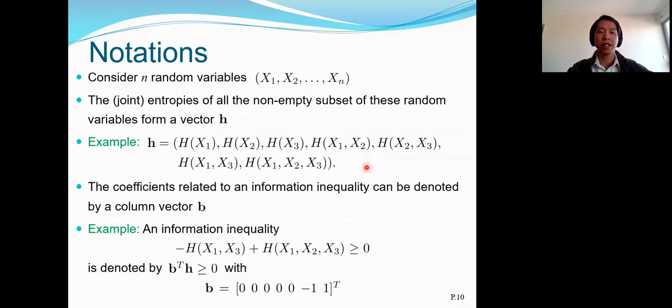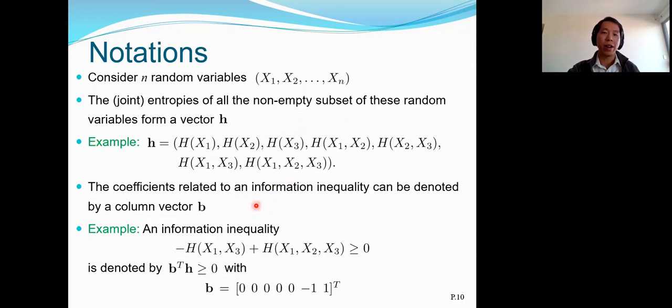So what I mean here is that, suppose we have only 3 random variables, then the vector h will contain the entropy of x1, entropy of x2, x3, and so on and so forth. And then the last one is the joint entropy of all the random variables.